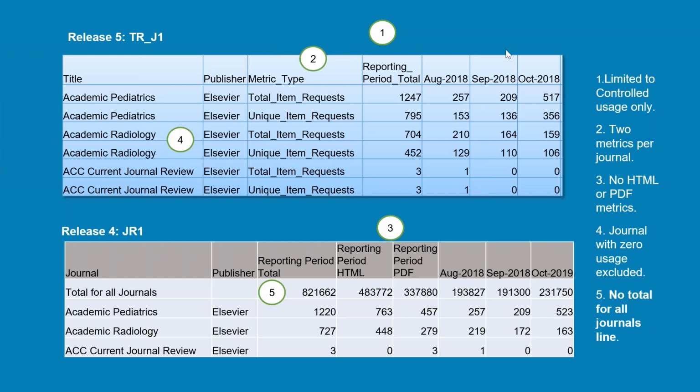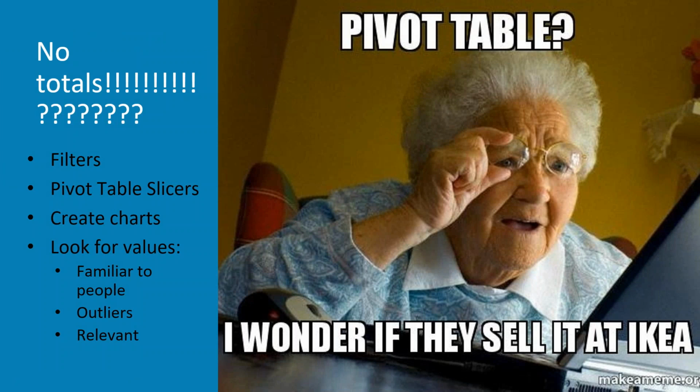And the other thing, of course, and we've alluded to this already, is that in Release 4, we had this nice line total for all journals, and we don't have that in Release 5. No totals, I hear you gasp.